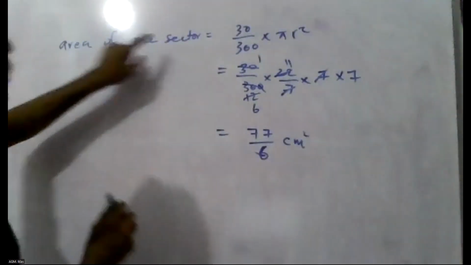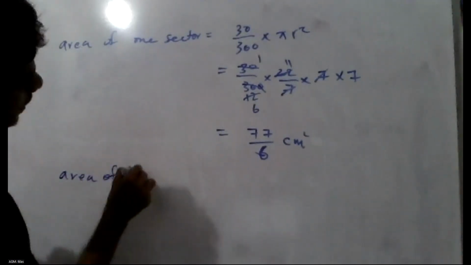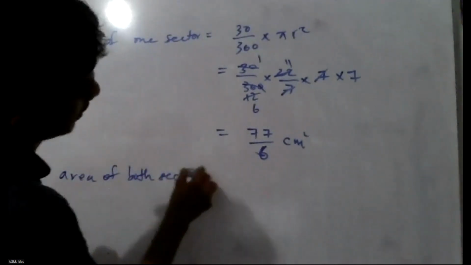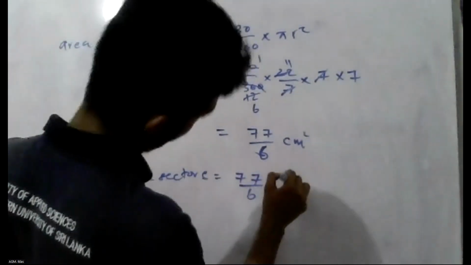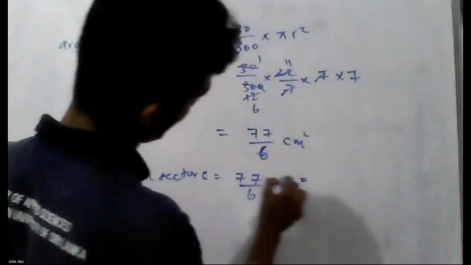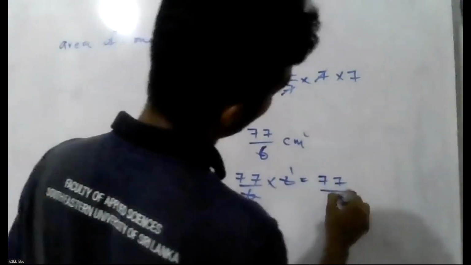So this is the area of one sector. So the area of both sectors is equal to 77 by 6 into 2, which is 77 by 3.